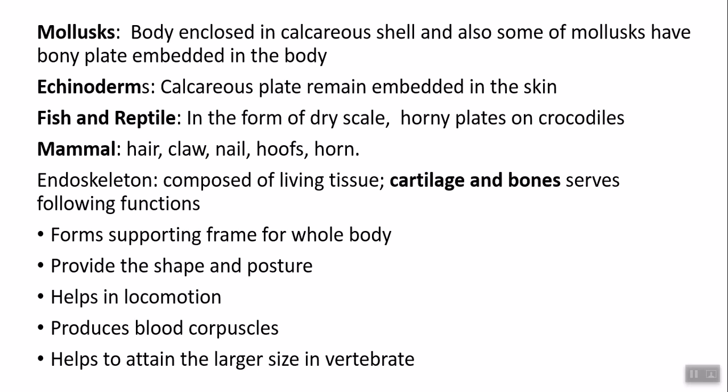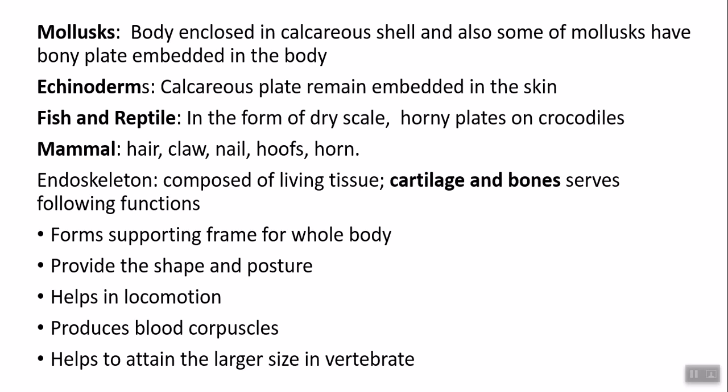And we have seen the squid and octopus. It looks as if there is no skeletal system. However, this animal does have one embedded plate of bone within the body. Therefore, this group of animals exhibits both exoskeletal system and endoskeletal system.